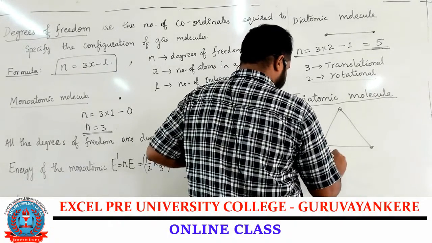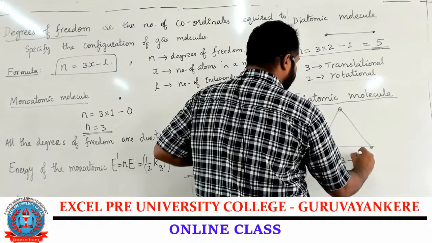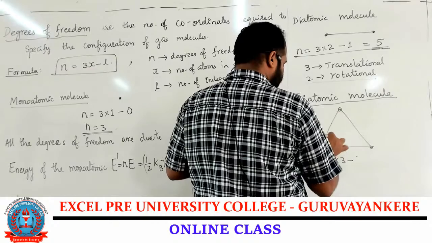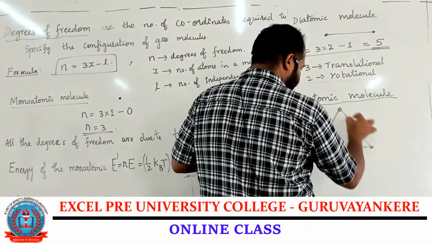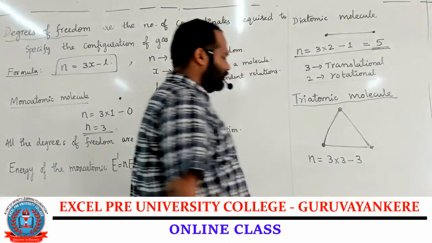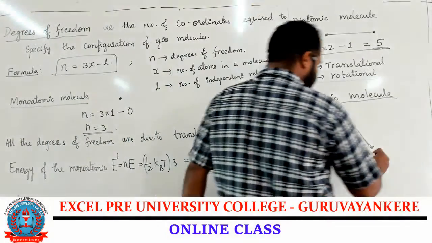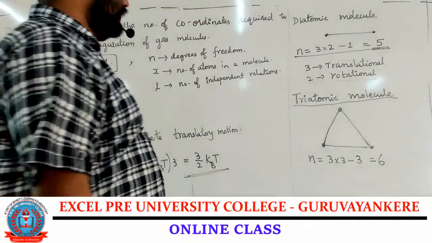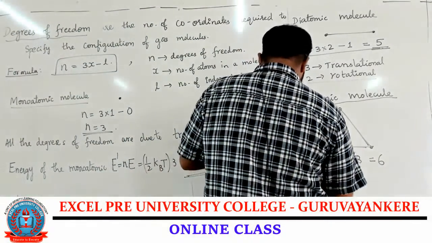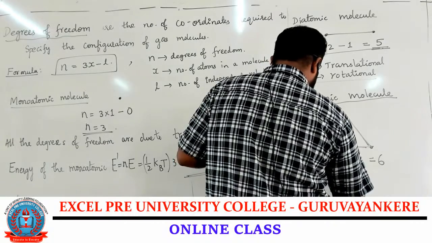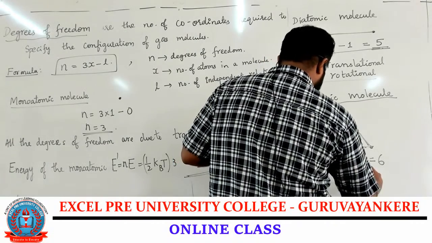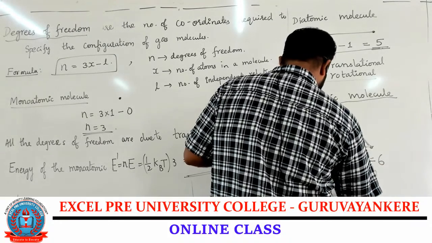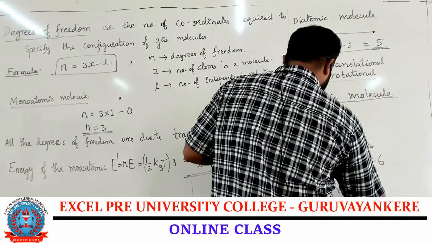So the number of atoms is 3 and the independent relations are 3, not 2, 3. So in this case it is 6. That is 3 translational and 3 rotational degrees of freedom.